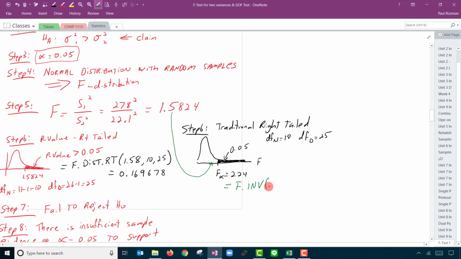So you'd have to put in 0.95 and then your degrees of freedom of 10 and 25. You can see how the order of these things matters. You have to be careful about which you call group 1 and which you call group 2 so that you get your degrees of freedom correct, so that you're in the right table. I don't know if there's an f.inv.right. I think there is actually. Then you can just put in the 0.05.